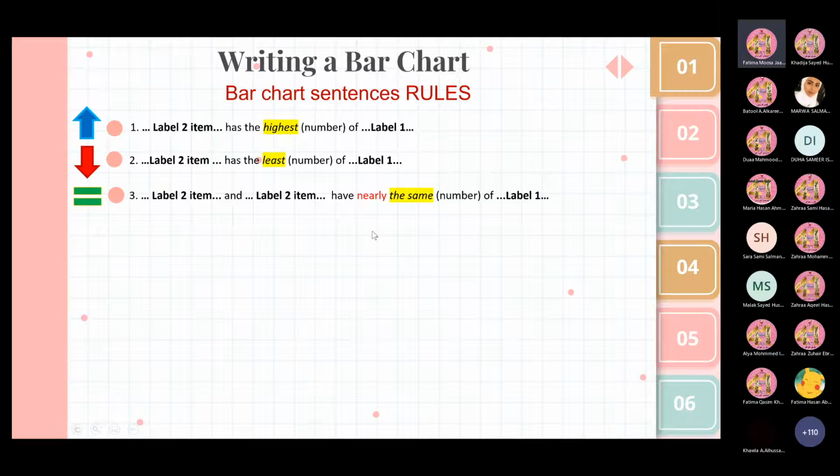So the sentence will be: label two items and label two items, which is the month here, have, because we have two things, nearly the same number or the same number of label one. And if you want to be creative, you can say a similar number of visitors, or equal, the same in number.